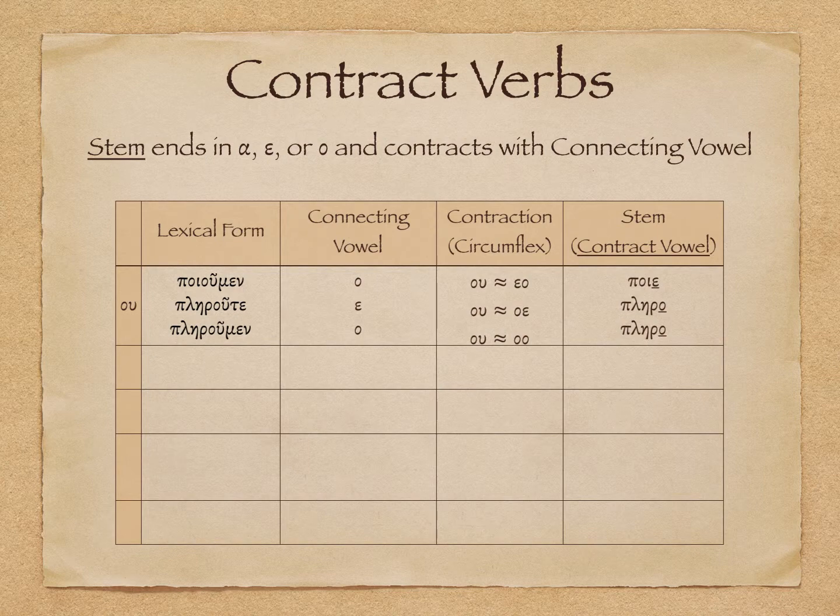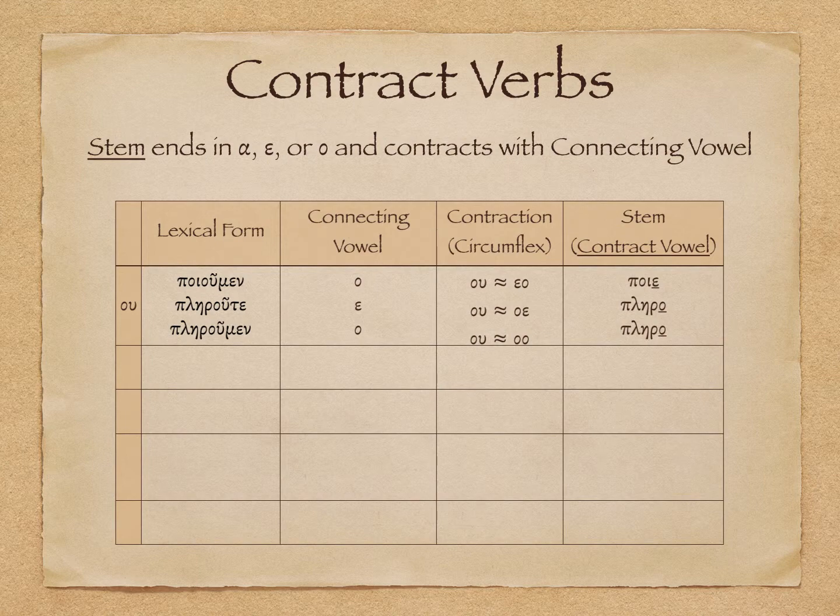And so in identifying the connecting vowel, you have half of what contracts. Once you identify half of what contracts, then you can find what is missing. So in this case, if the contraction is ou, and you know the connecting vowel is omicron, you need to memorize that what lies behind that is an epsilon. That's what's missing, and in this case, poeo, the epsilon is the contract vowel, and you see that's underlined there in the final column. Go to the second example there, plerouте.